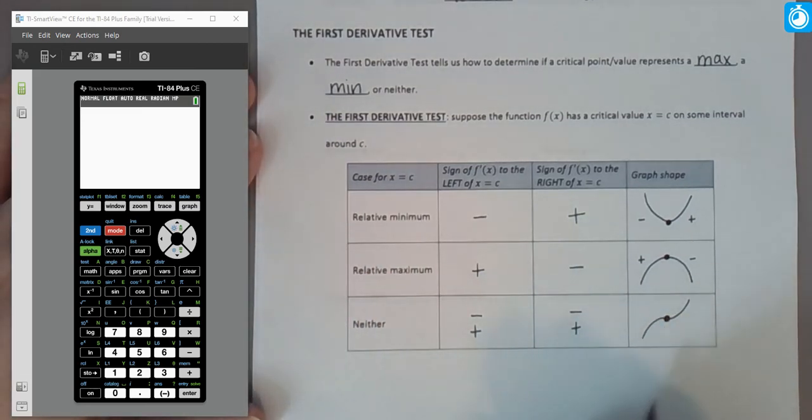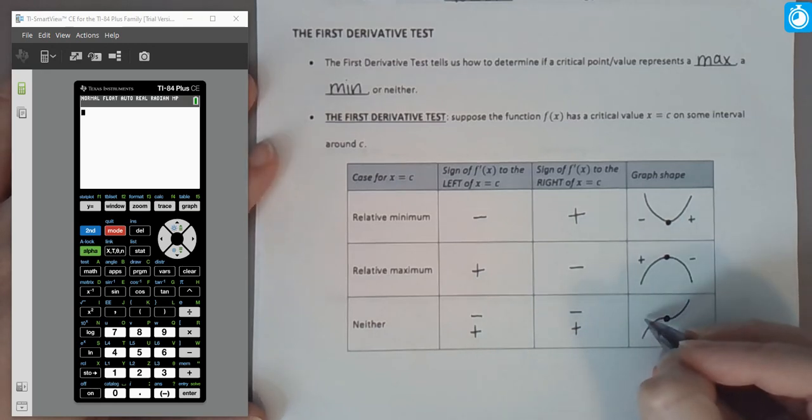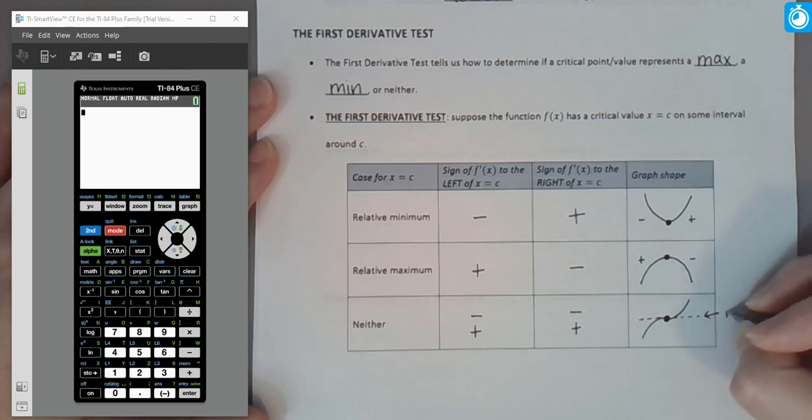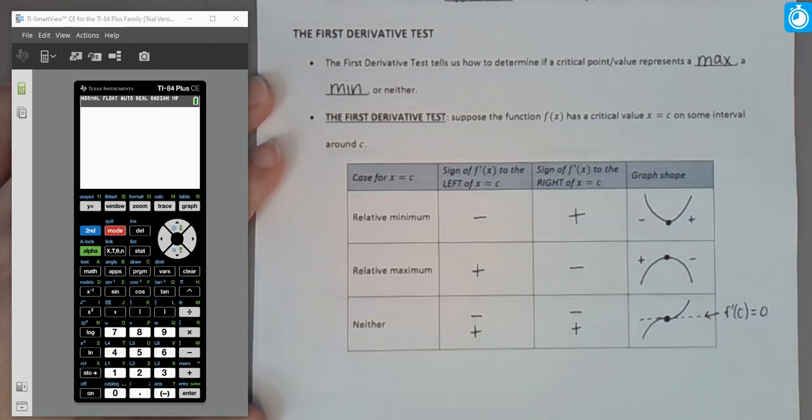Well, why did this end up as a critical value if nothing special was happening here? That's because if you were to take the tangent line at that location, the tangent line would be horizontal. In other words, f prime of c would be equal to 0. So it would give us a location of a critical value, a possible location for a maximum value or a minimum value.